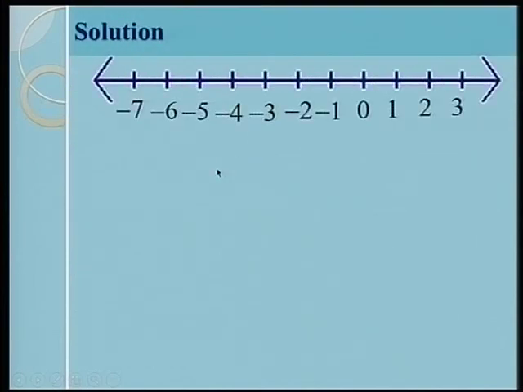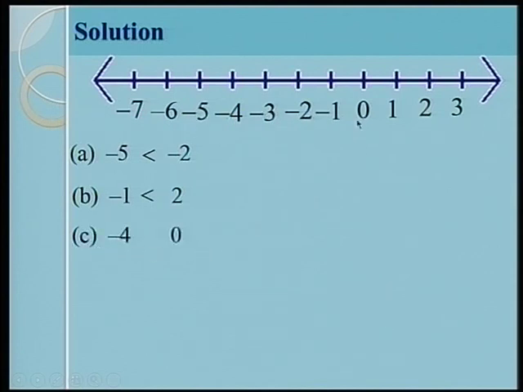We first draw a number line. -5 is to the left of -2. Therefore, -5 is less than -2. -1 is to the left of -2. So, -1 is less than -2.